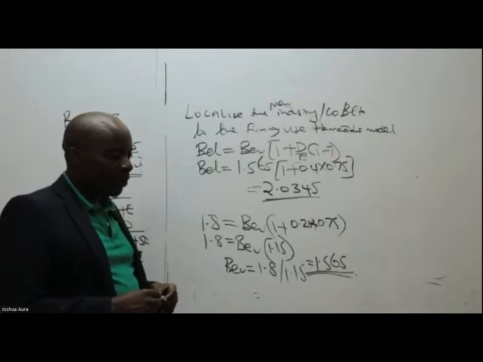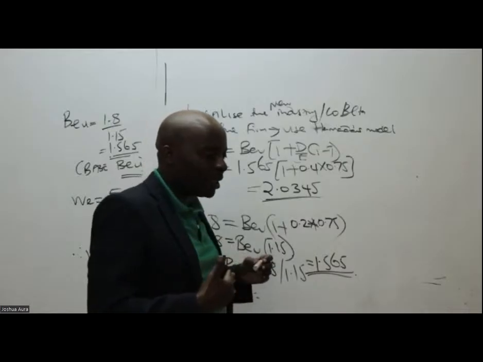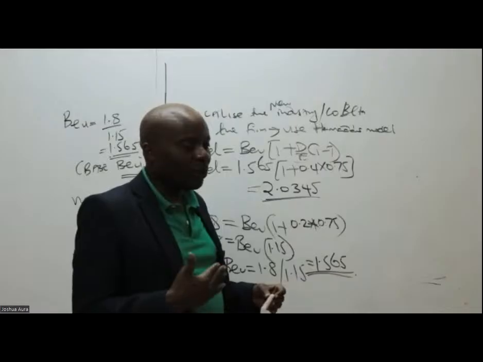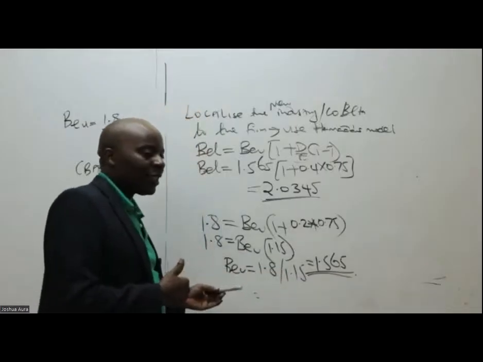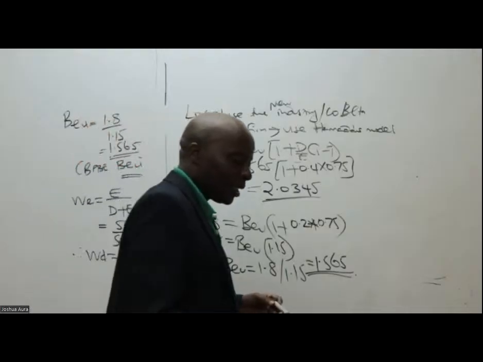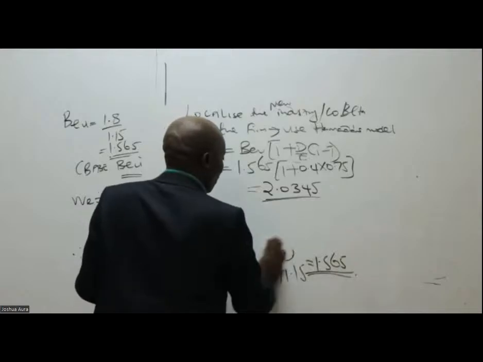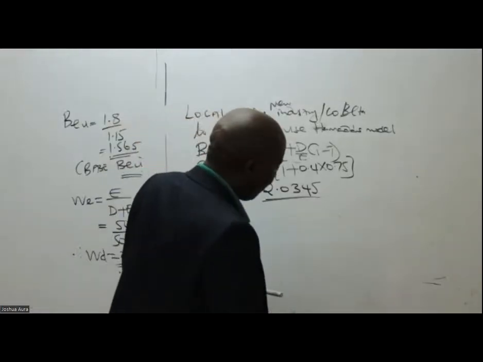Remember, we can't calculate Ke here, because I would have gone for Ke if they spoke of a company that is 100% financed with equity. This firm has both debt and equity. So straight away, I'll go to KEL using CAPM.